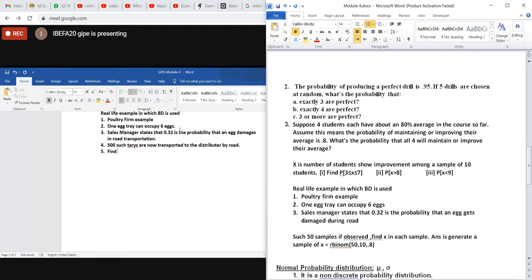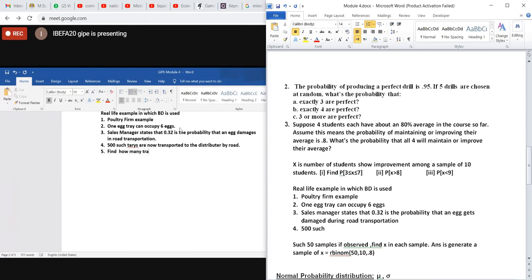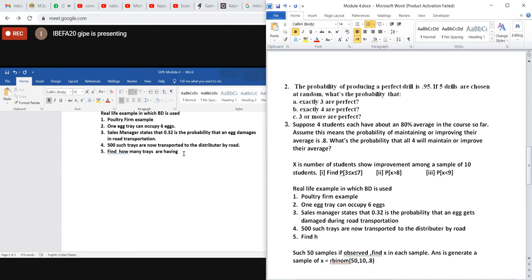Find how many trays are having zero, 1, 2, 3, 4, 5, 6 eggs damaged per tray. This is the research problem.